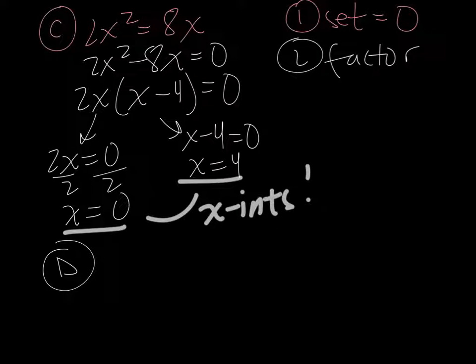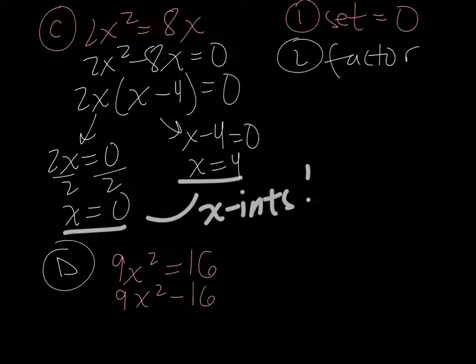Let's do 9x squared equals 16. So if I set that equal to 0, I get the following. And what does that look like to you? That should look like difference of squares, correct?